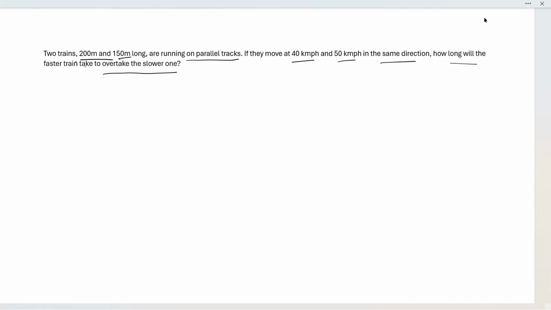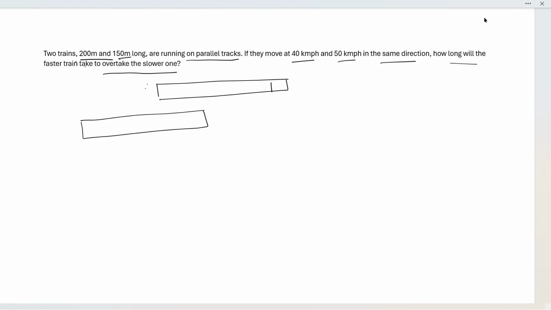Okay. So the situation would be something like this. This is the faster train.